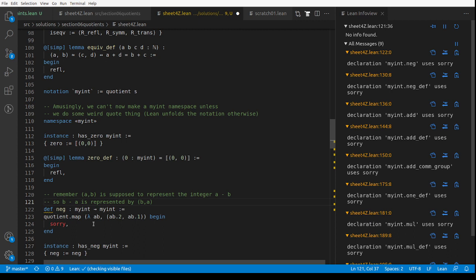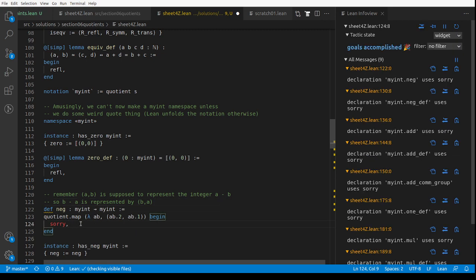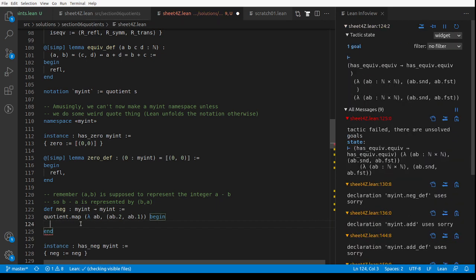We want to descend a map on naturals squared, sending (a, b) to (b, a). So I'll take an arbitrary ab input, and then I'll replace it with ab.2, ab.1. And now we've got to prove that that descends to a map on the quotient.